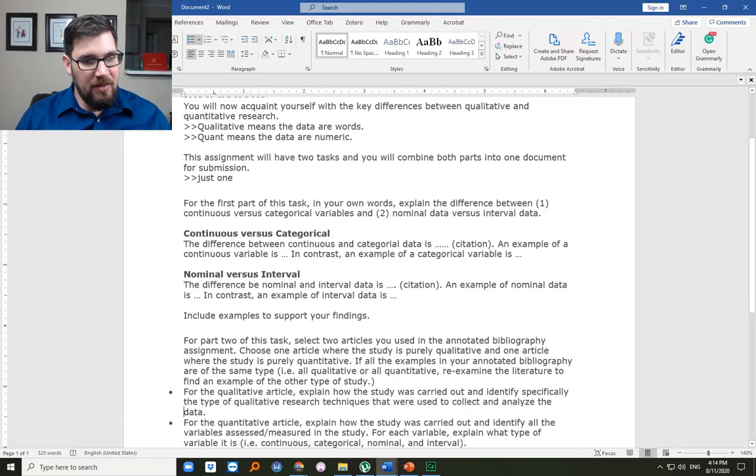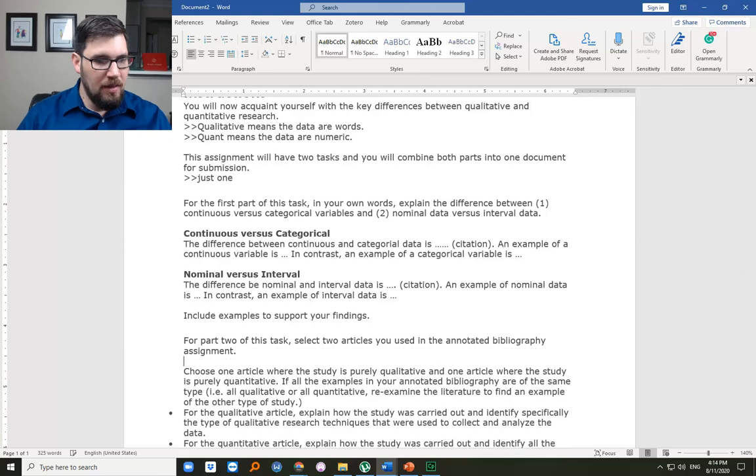For part 2 of this task, select 2 articles you used in the annotated bibliography assignment. I'm going to say, for me at least, you can use articles outside of the AB assignment, which I believe was week 2. I could be wrong about that.